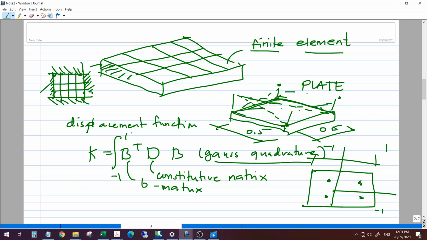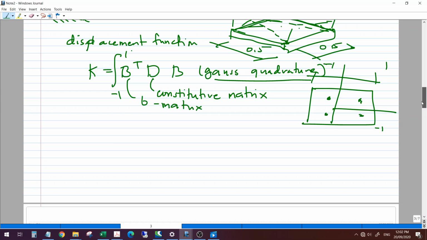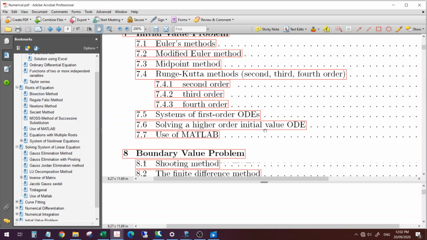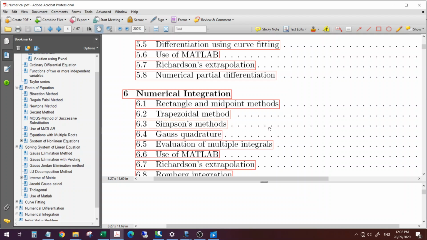So, yun yung beauty nitong numerical methods po. Okay, that's why I chose din na magturo ng numerical methods kasi I was able to reconcile those concepts. Yan po. Okay, so that is basically yung overview po nung ating course.